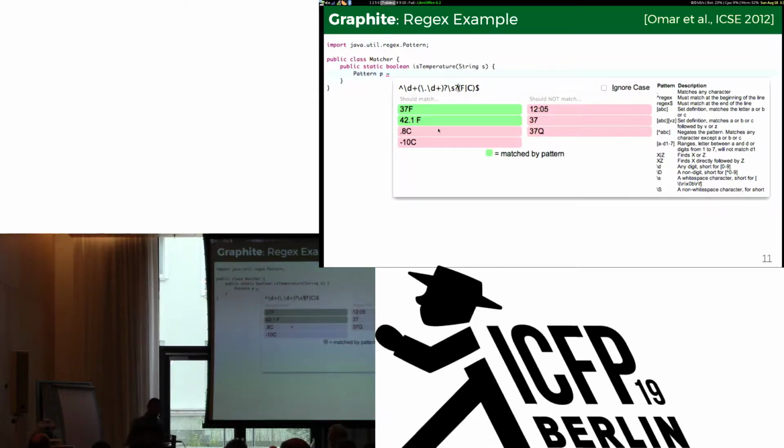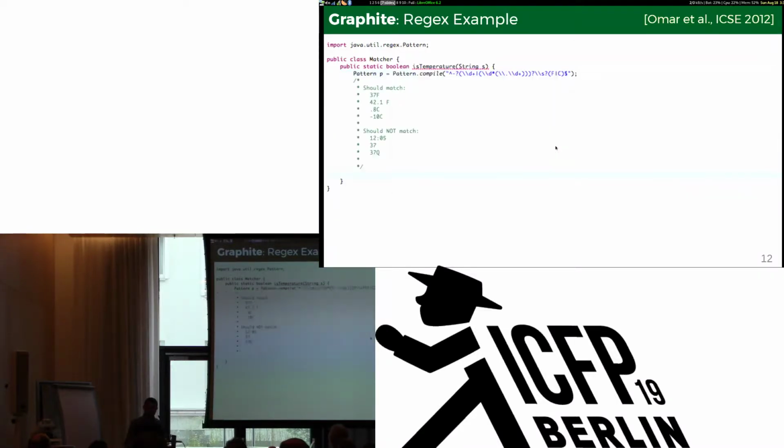And so you can do the same thing. You can associate with this regex pattern type this palette, interact with it, and when it's done, it generates the correct code for you. And in the case of this regex API in Java, the correct code is actually kind of subtle. You have to use this compile static method, and you have to double escape backslashes, and it does all that for you. So we actually did a little pilot study, which I won't talk about, which showed that there's some real benefits to this.